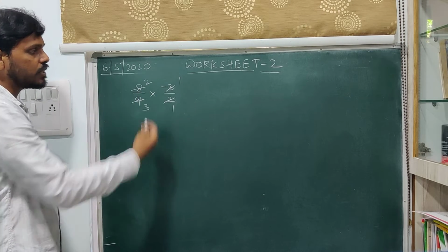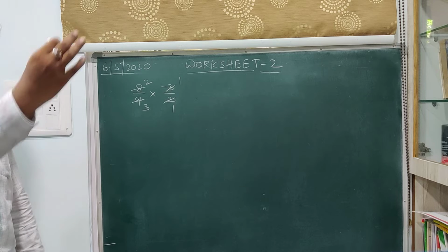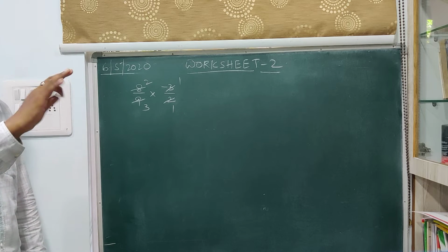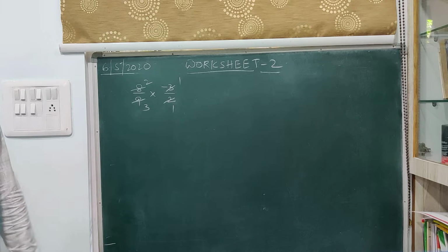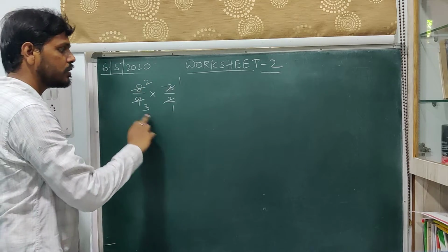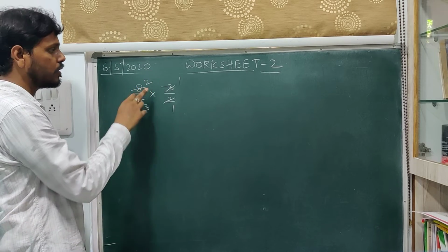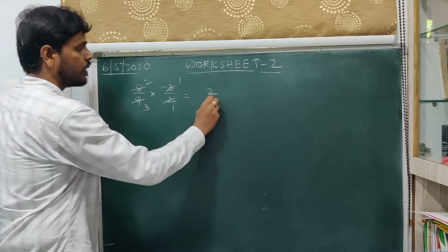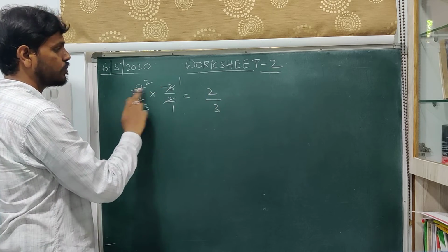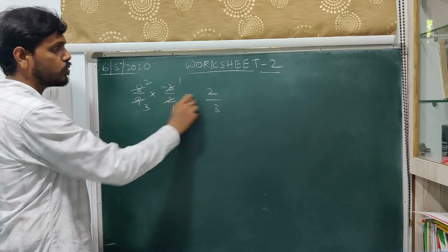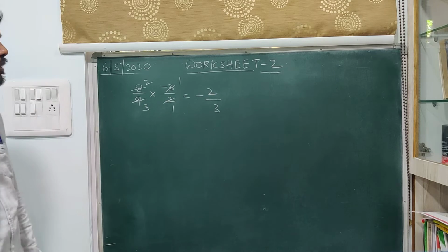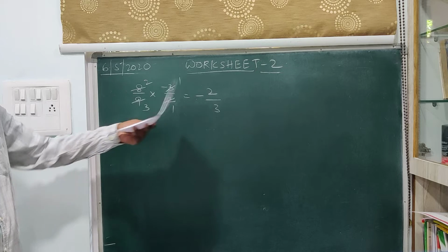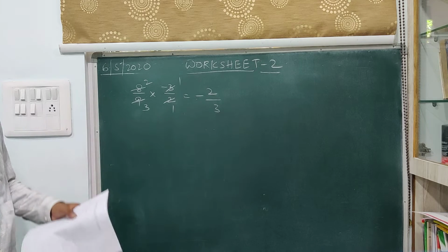So whatever division I am doing here, I am doing with numerator and denominator, but not with numerator and numerator, or denominator and denominator. Now this is all the possible cancellation. So multiply: 2 into 1 is 2, 3 into 1 is 3. Plus into minus, multiplying numbers of different signs, you will get a negative sign. So the resultant rational number in its simplest form is minus 2 by 3.